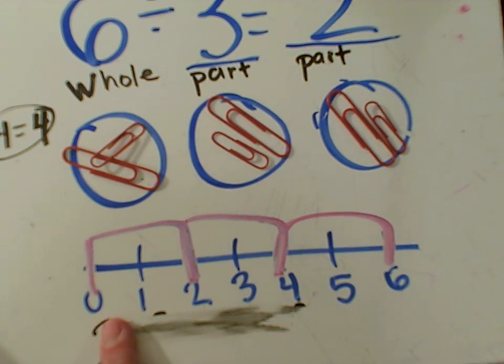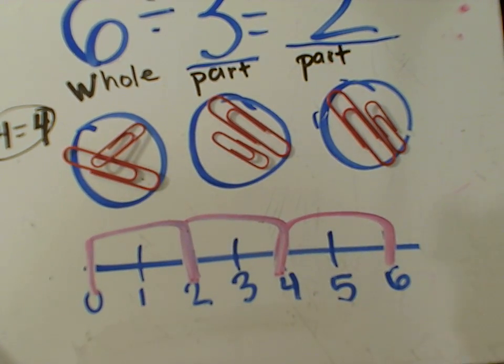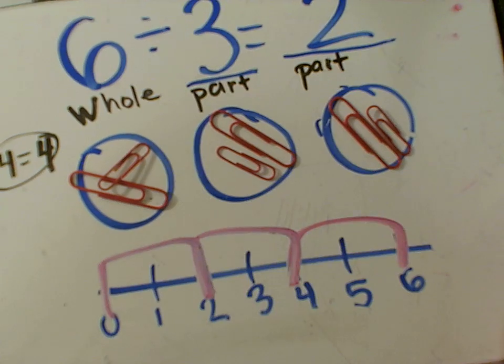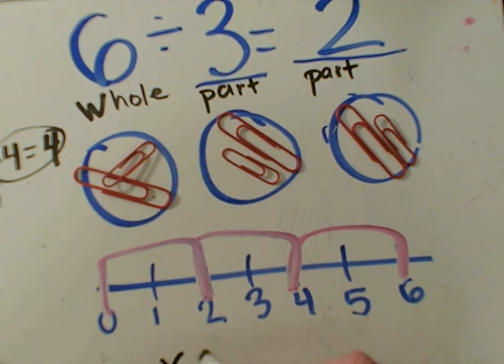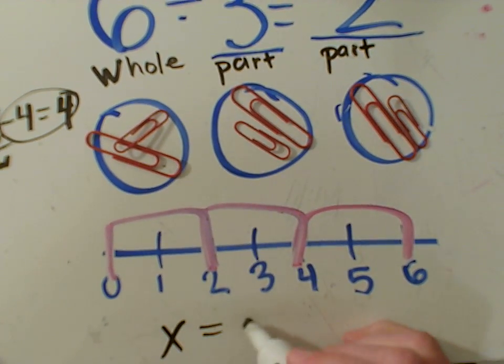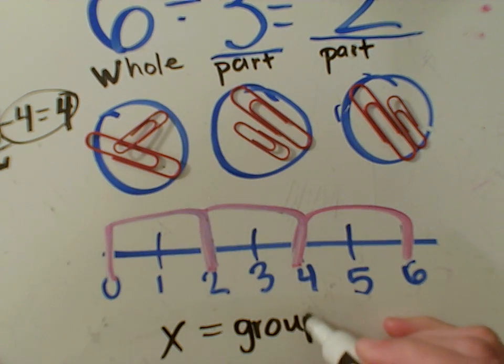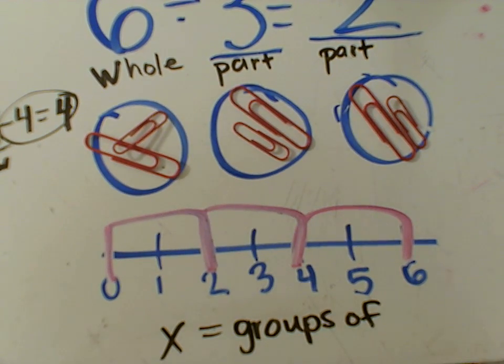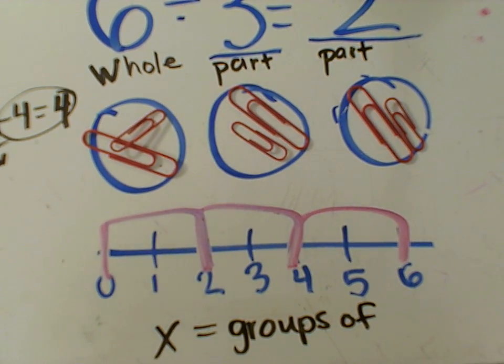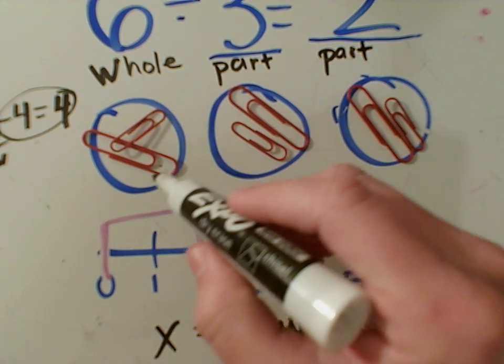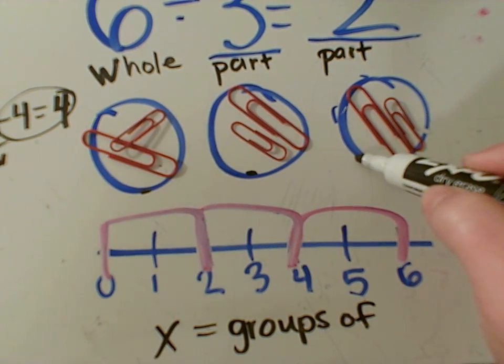For this specific problem, though, remember, the x equals groups of, right? So how many groups do we have? 1, 2, 3.